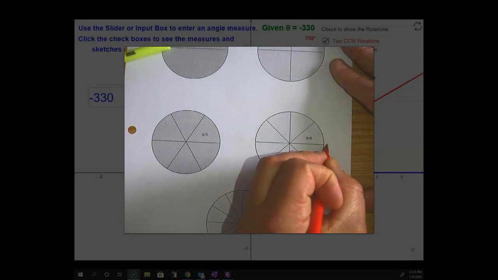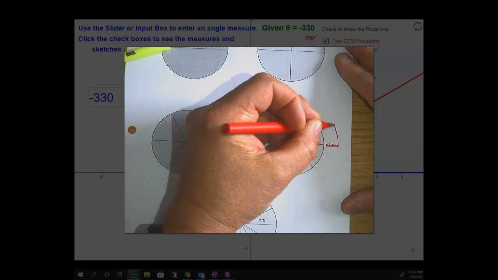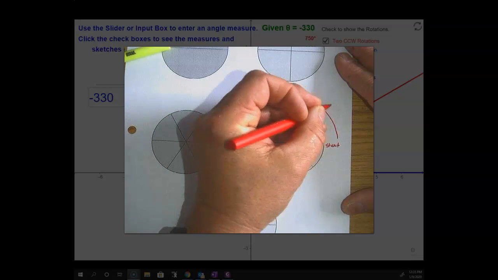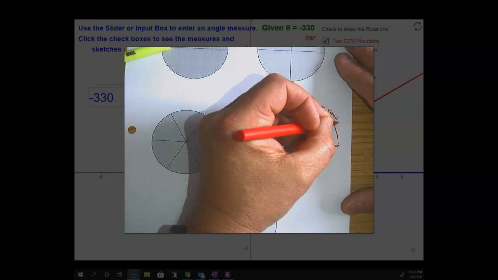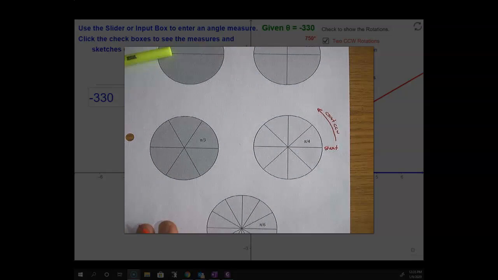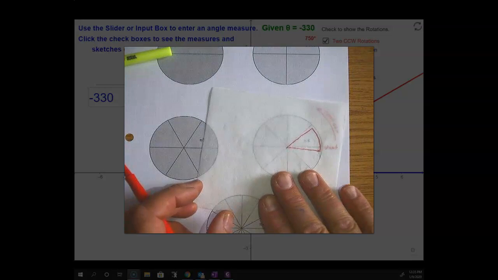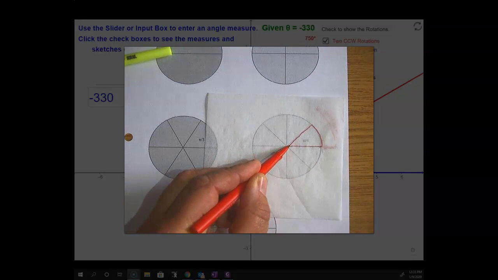So you always start here on the right. And if it's a positive angle, you're going to count this direction, counterclockwise. Right. So turning pi over 4 means you turn like that.